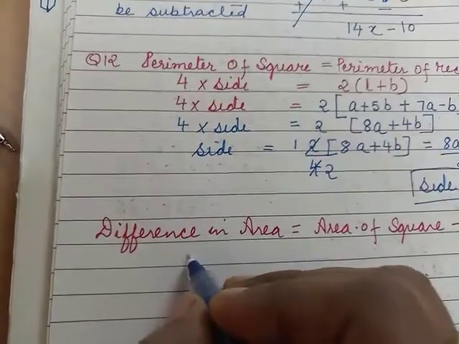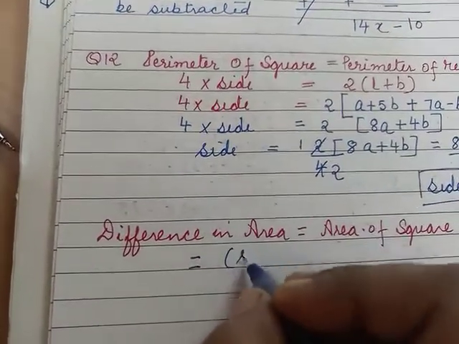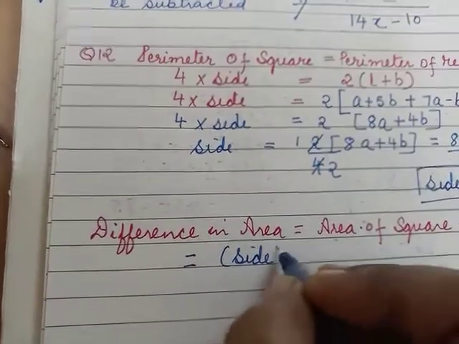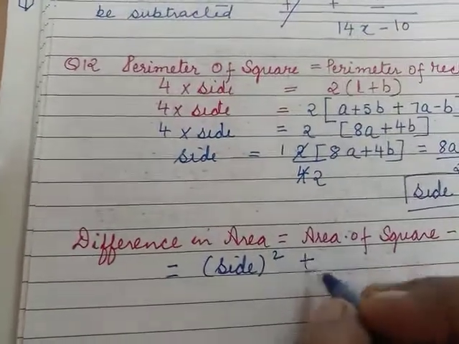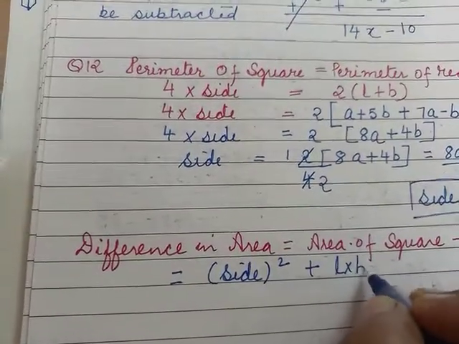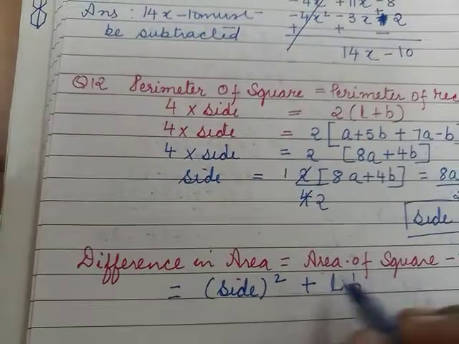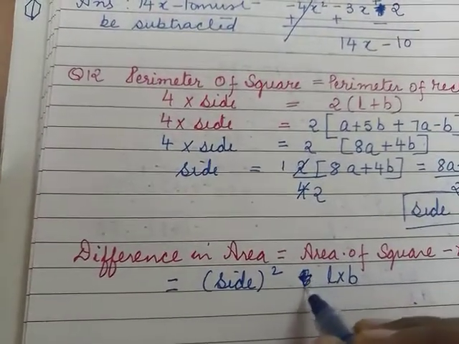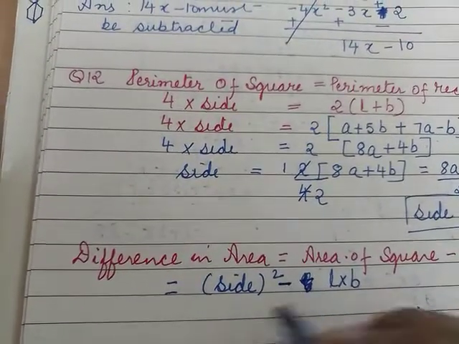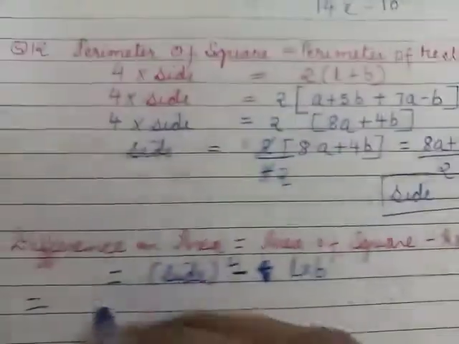Now we substitute the values. Area of a square is side square, and area of a rectangle is length into breadth. And we are finding the difference, not plus, it is minus. Side square, the side we calculated is 4A plus 2B.